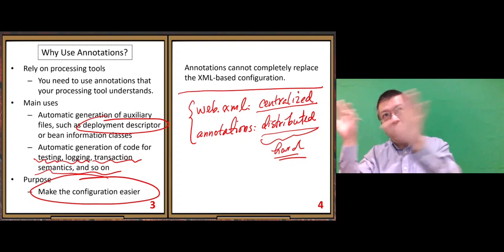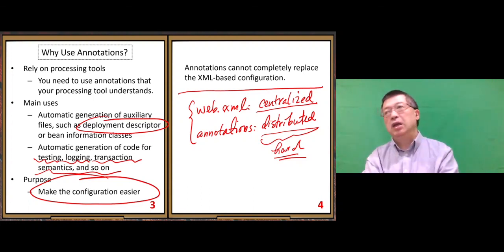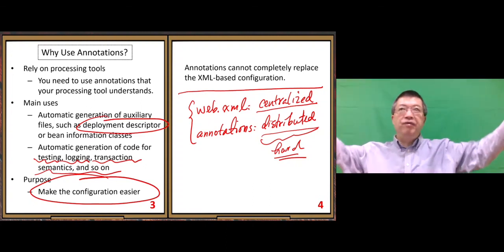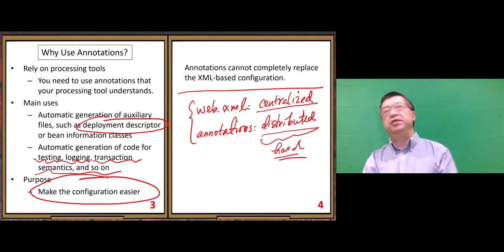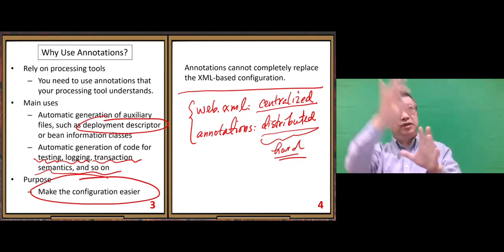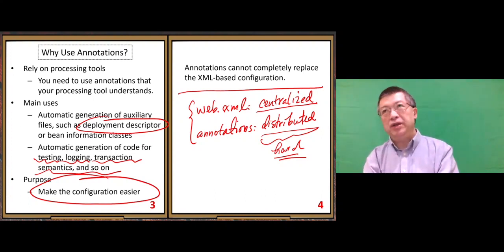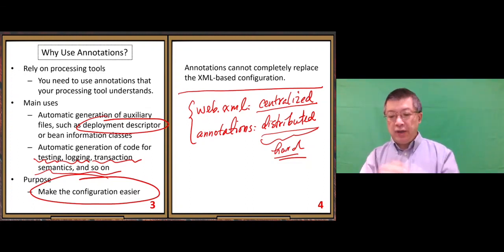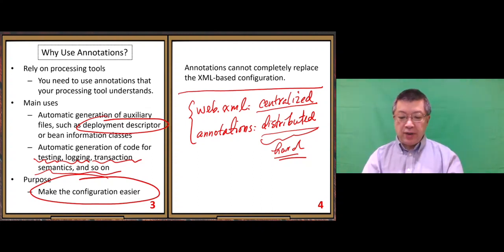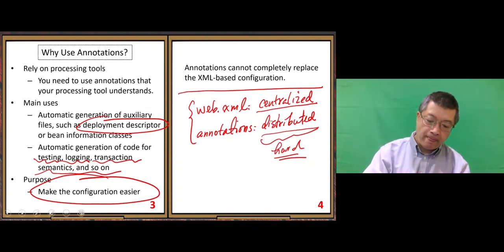You want to modify the behaviors. You need to open each one. So that's very time consuming. But if you modify behaviors in web.xml, it is only one file. You can search, you can order, you can manipulate only one central file. All right, so let me stop this topic here.